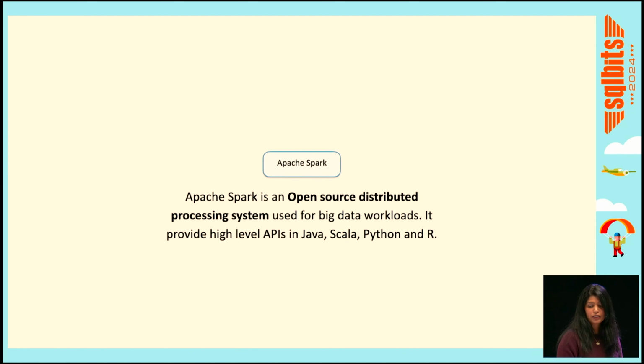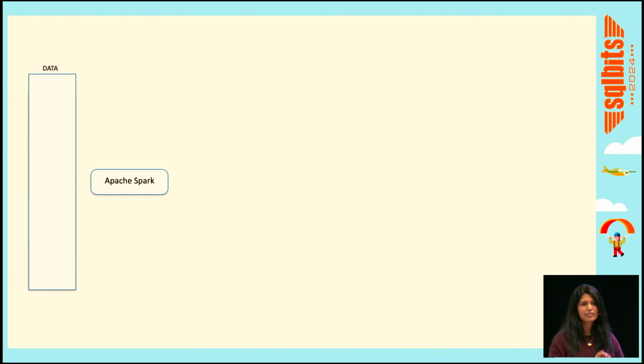But just to begin with, it's open source, and it uses a distributed processing system. What does that mean? As a visualization, as I said, I love visuals and I love slides, if you haven't noticed by now, you start with a big data set.